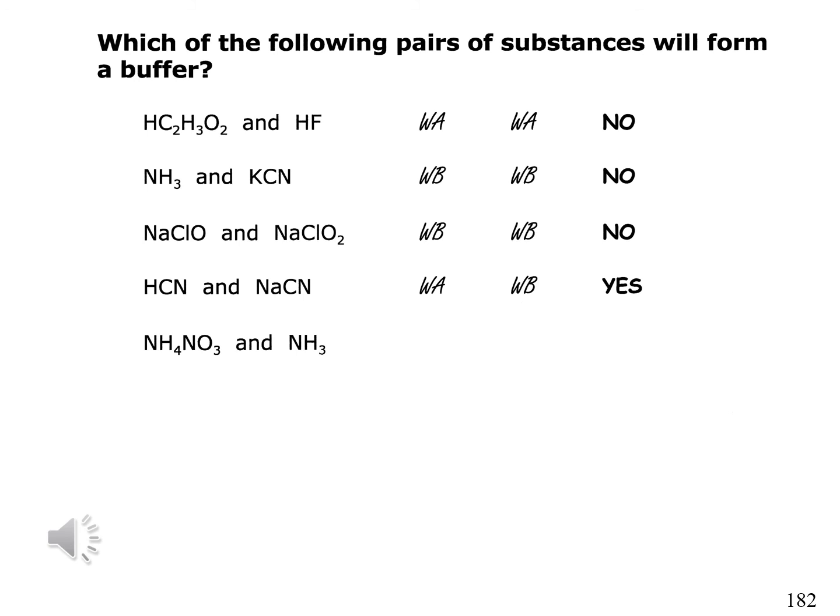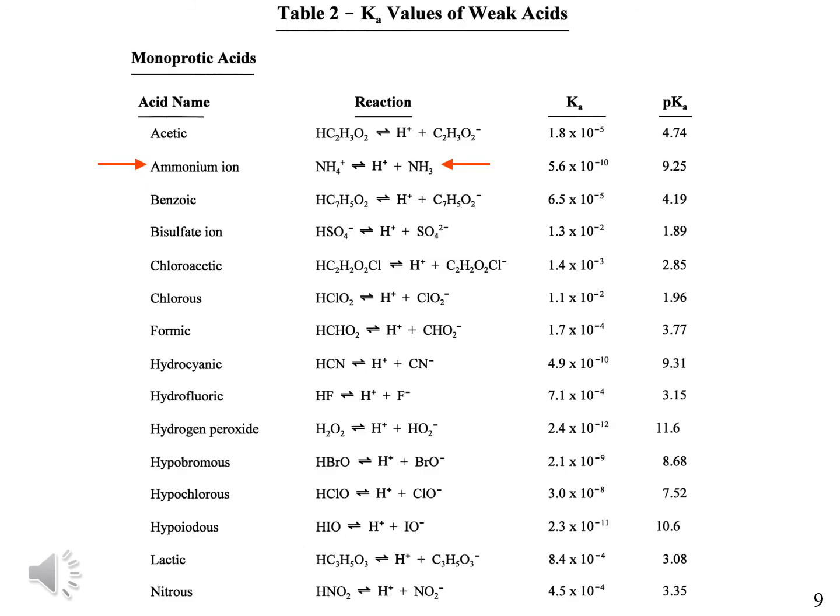So you can say that NH4+ is the weak acid, NH3 is the conjugate base of the same acid, and so they should make a buffer. That's the ammonia buffer that we already talked about as an example.